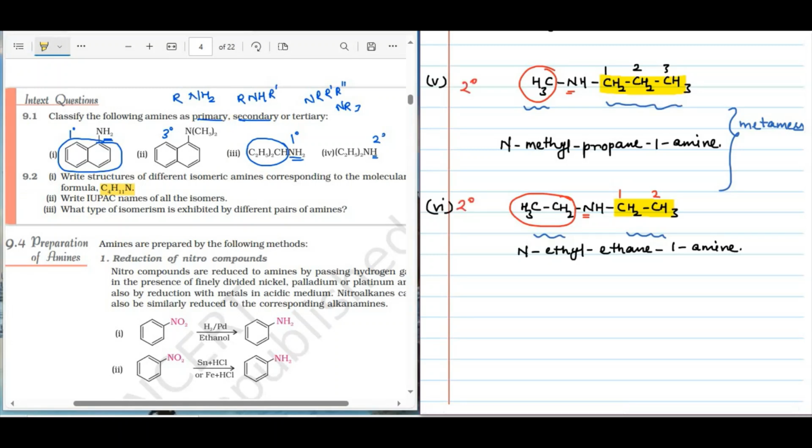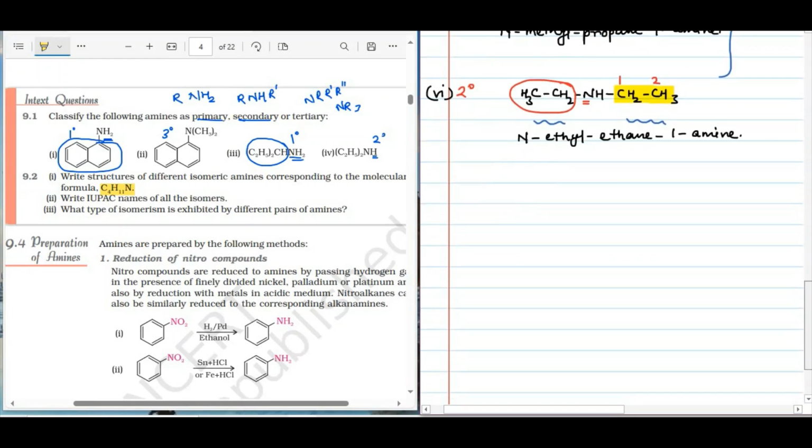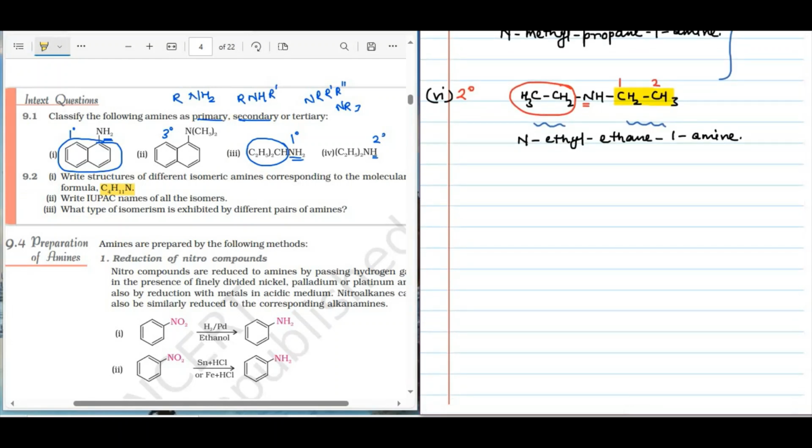Now we can draw another structure in which we draw a tertiary amine. This is nitrogen. In a tertiary amine, you have to replace all three hydrogens of ammonia. So here we can write CH3, here also CH3, and here we can write CH2, CH3.